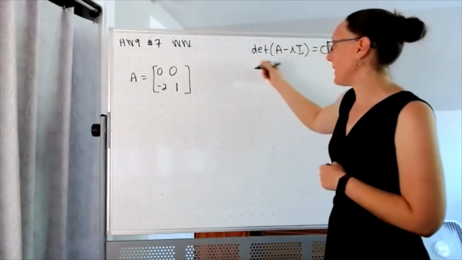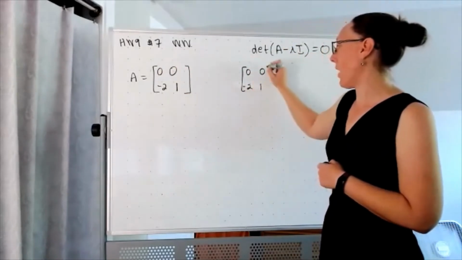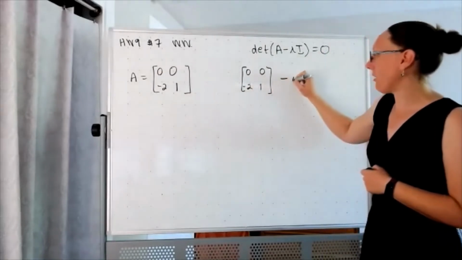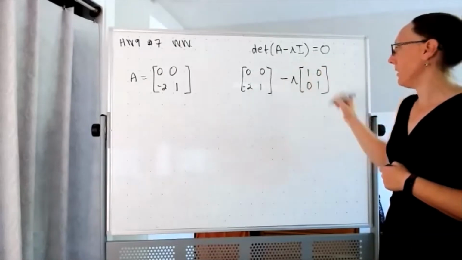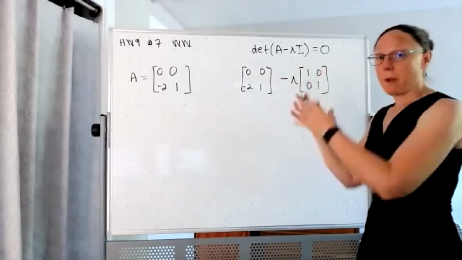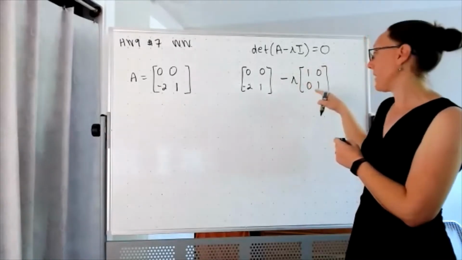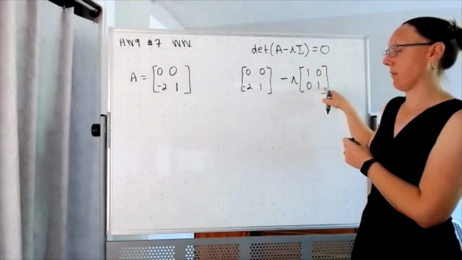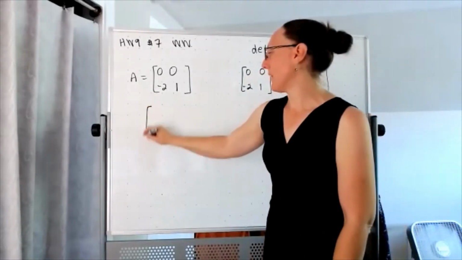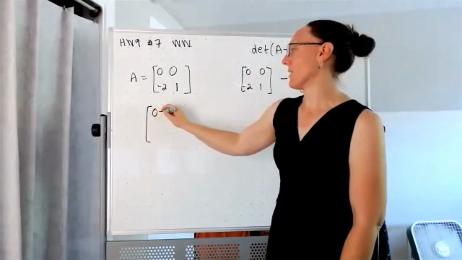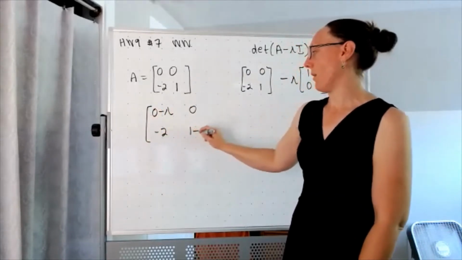We're going to get there by taking that matrix A, 0, 0, -2, 1, and subtracting off lambda times the identity matrix. When I combine this together, I'm going to multiply my lambda through, which would make this lambda 0, 0, lambda. And once I do the subtraction, then my A minus lambda I matrix becomes 0 minus lambda, 0, -2, 1 minus lambda.